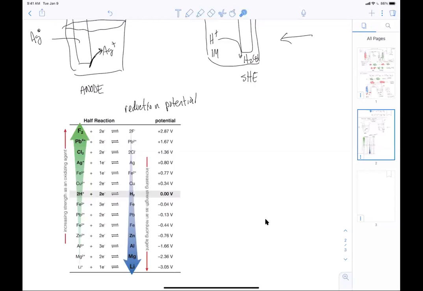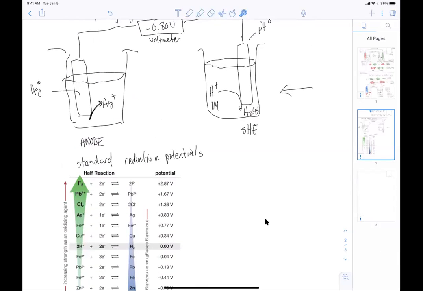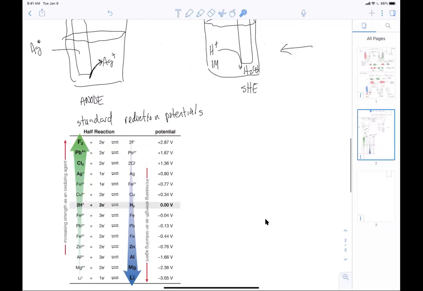These are called standard reduction potentials. They're taken under standard conditions, which are 25 degrees Celsius, and you're using this standard hydrogen electrode over here. So that's what this is measured up against.